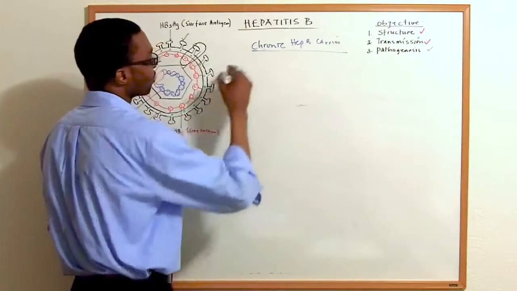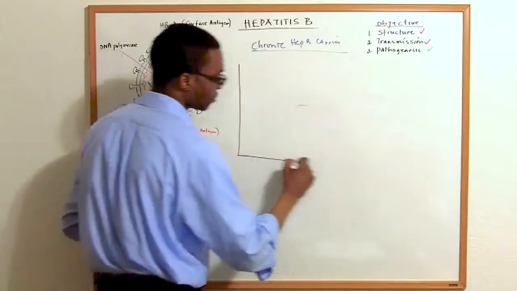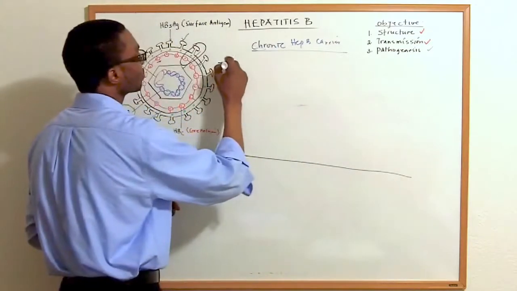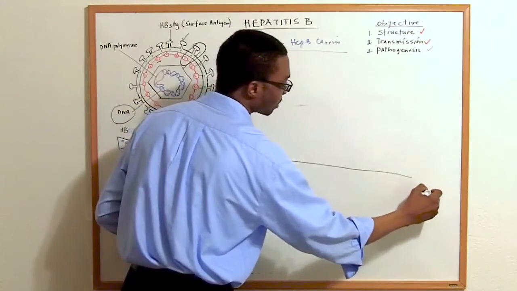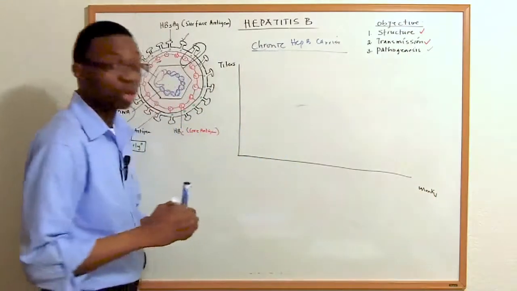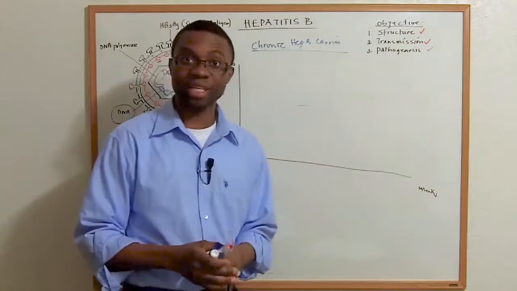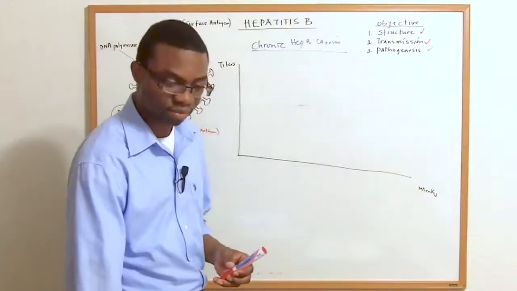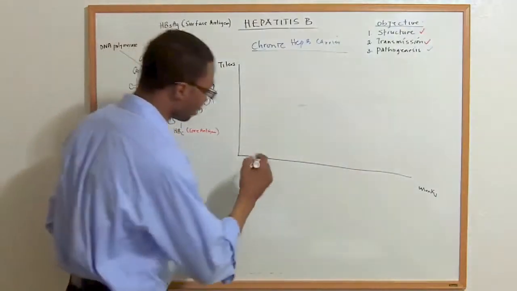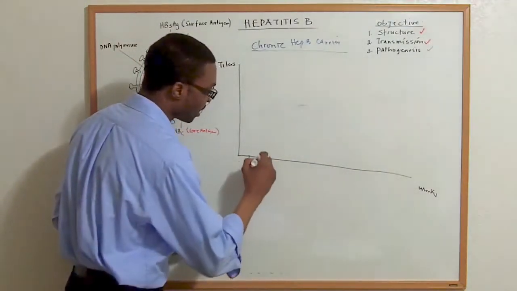Let's draw the graph. We have titers, and let's make months in this case. So normally, this is what will happen in a chronic hepatitis B carrier, right? They'll get an infection, just like everybody else.